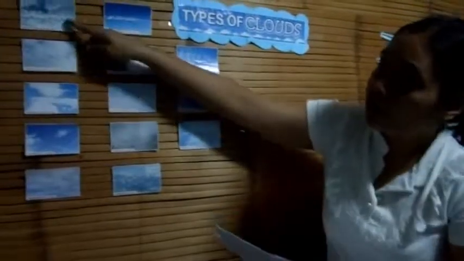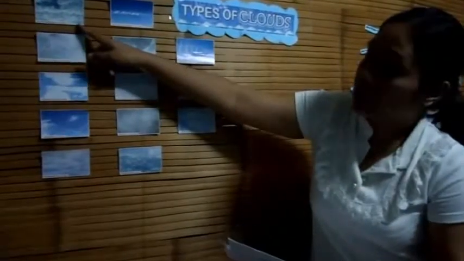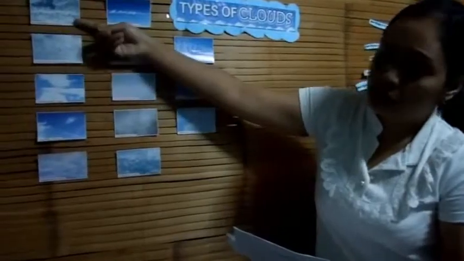They are grayish-white with one part of the cloud darker than the other. These clouds form when there is moisture present in a wet air mass.